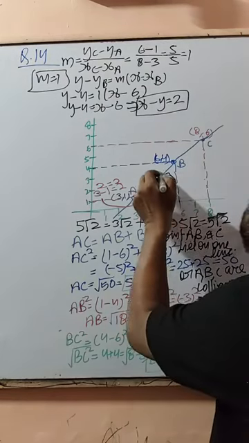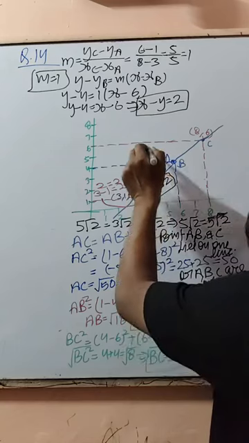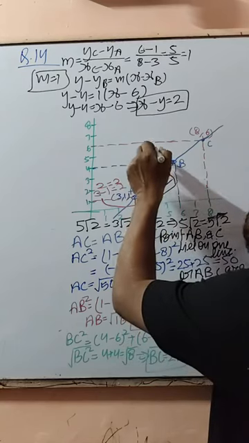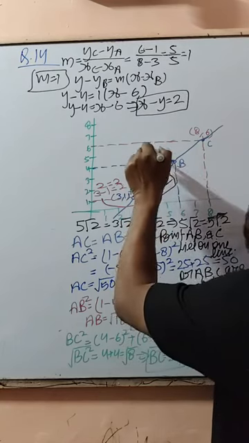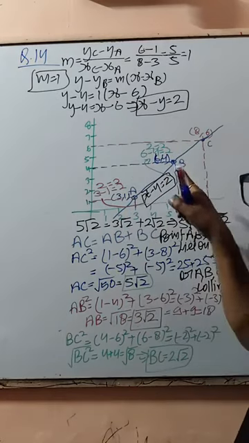If you put these values here, so what happens? x minus y, so 6 minus 4 is equal to 2. So 2 is equal to 2. Right?